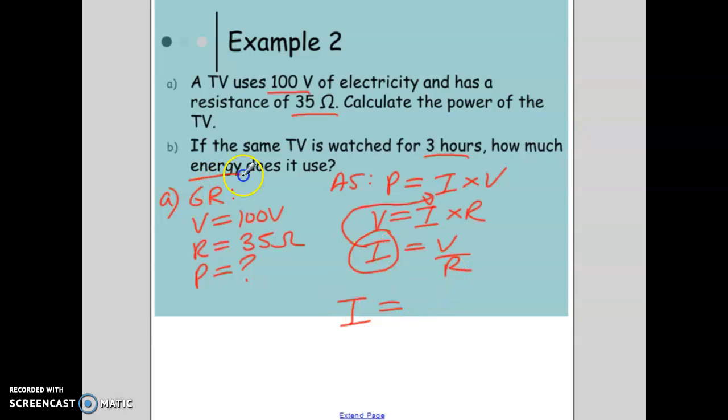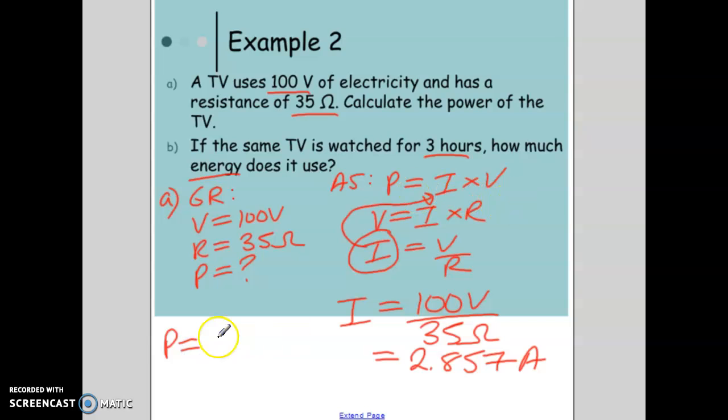So let's do I first. 100 volts over 35 ohms. Remember, you're always seeing what information do we have and what can we use to solve for what we want here. So we have 2.857 amps. And now we can solve for P by doing I times V, times 100 volts.